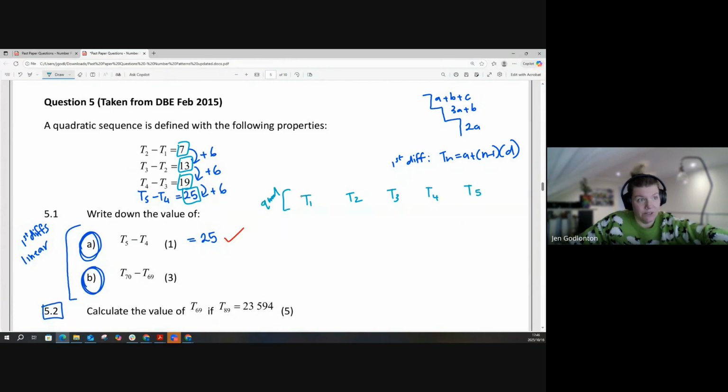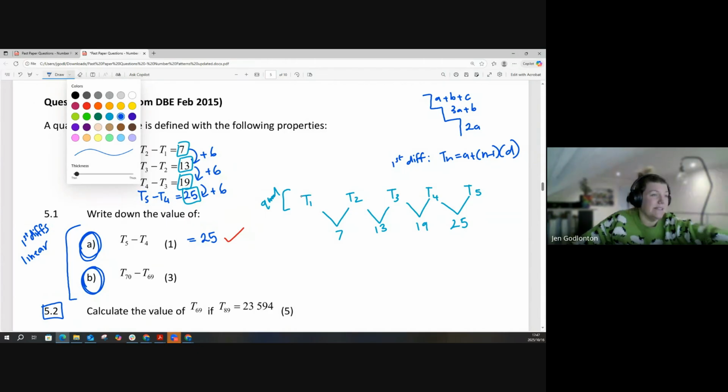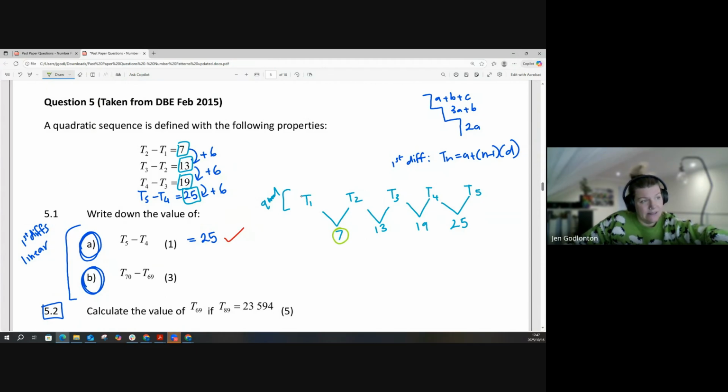We don't know what those are right now, but we know that the difference between the first two is 7, between the next two is 13, then 19, and then 25. That means that A is 7 and D is 6.